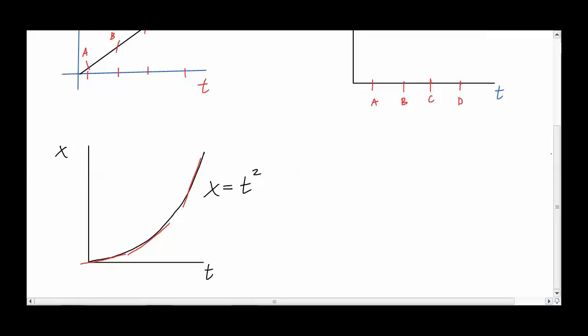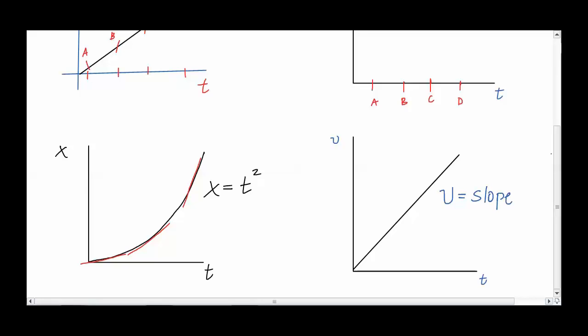So if I were to create a velocity time graph to accompany this function, it would be a nice linear function because I've picked a parabola and each point is the same increment change. So each slope is greater than the previous slope by a constant amount.